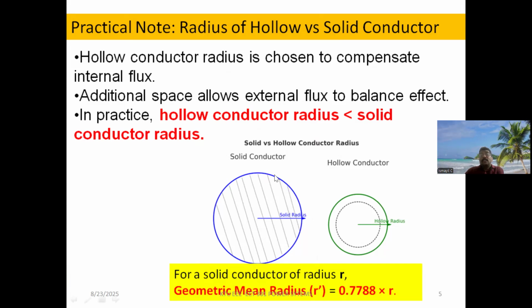That is, let the radius of the solid conductor be r. Then the equivalent radius will always be less than that physical radius, and mathematically we can prove that it is equal to 0.7788 into r.